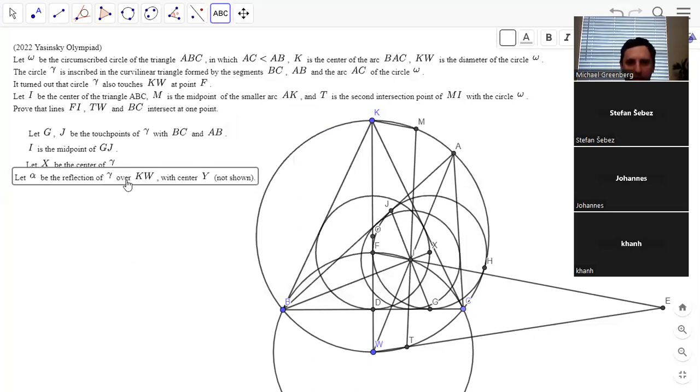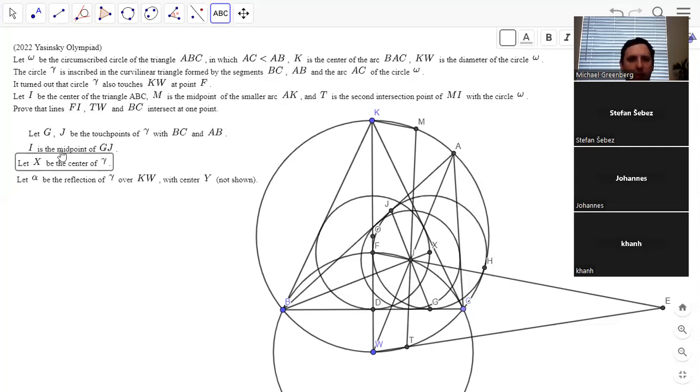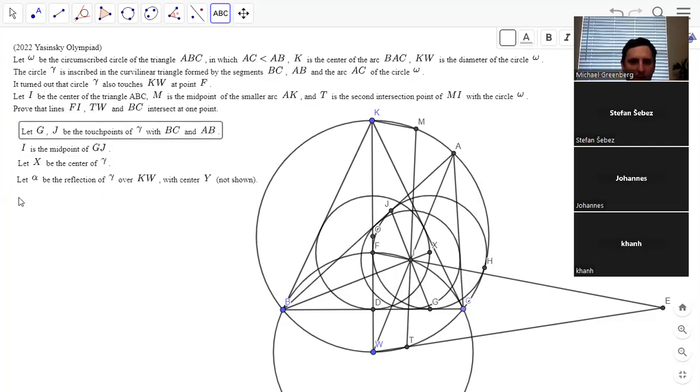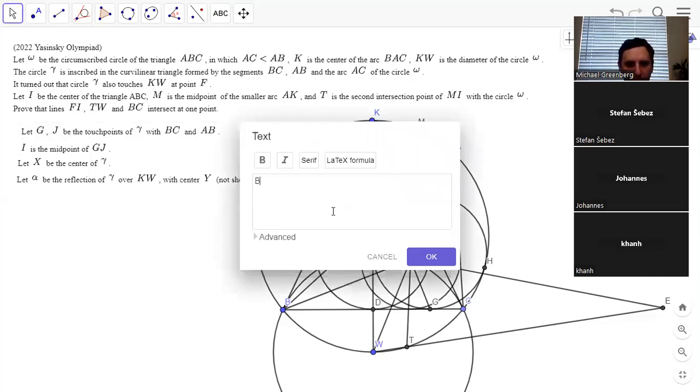So by Theobald's theorem, X, Y, and F are collinear. Well, first we want to show F is the, well, this is the proof of that. So X, Y, and the incenter of ABC are collinear.